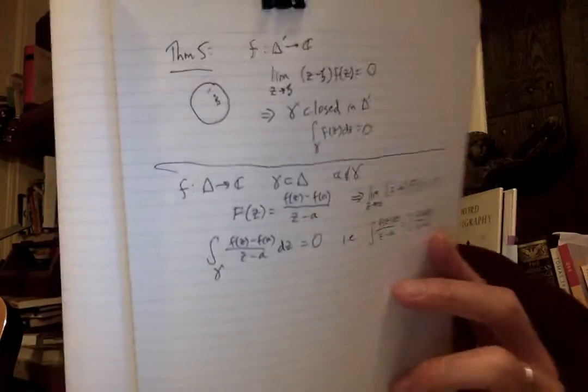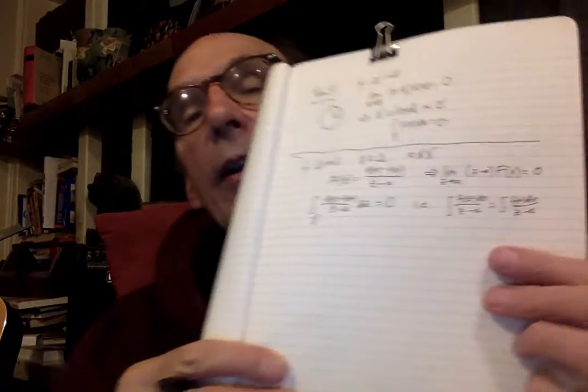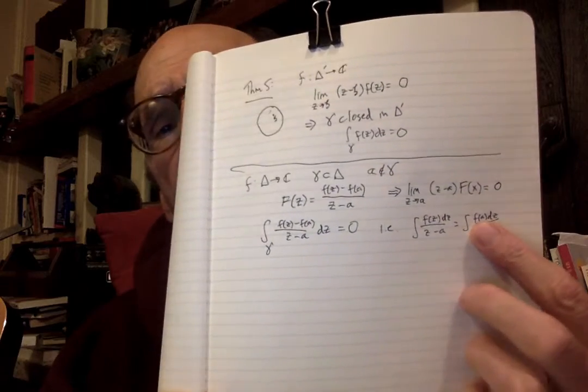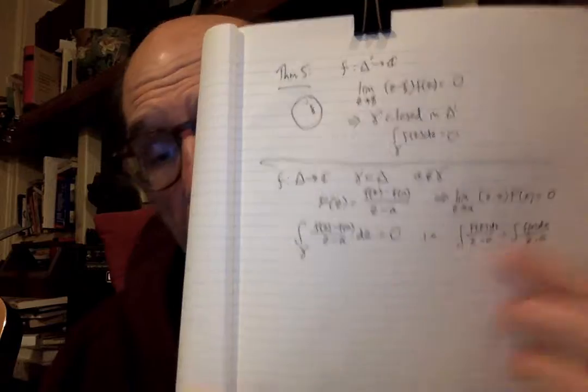And this is a very interesting statement about integrals. The reason is that f of a is a constant. a is a fixed point, so f of a is a constant. That comes out of the integral. And what this really is, it turns out to be the winding number of gamma around a.